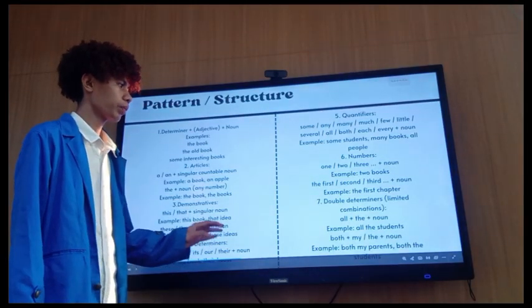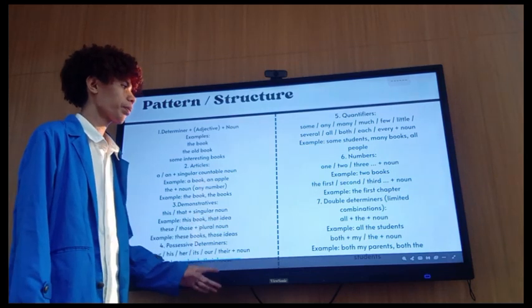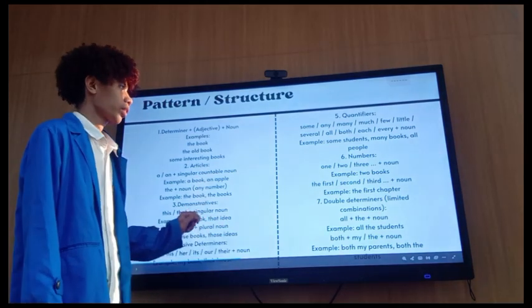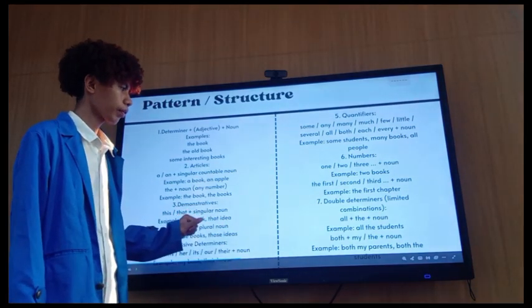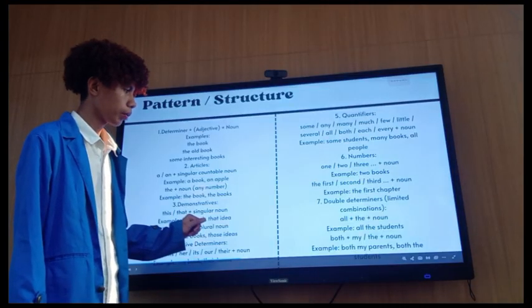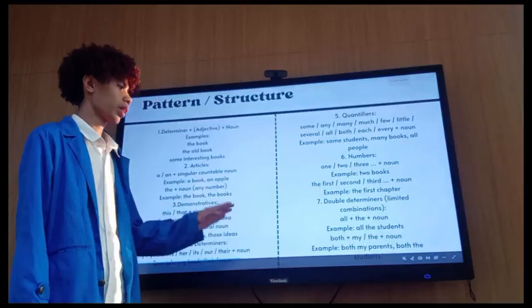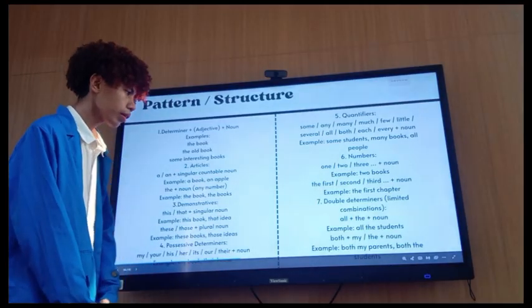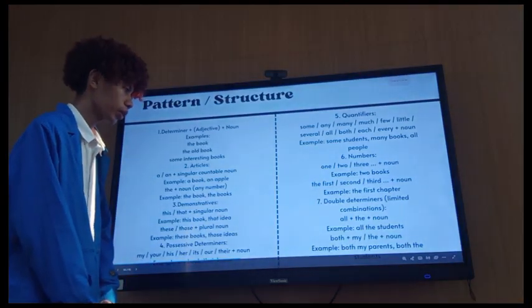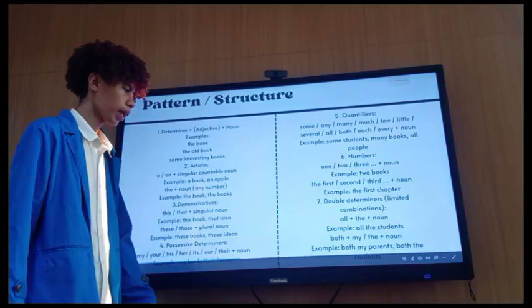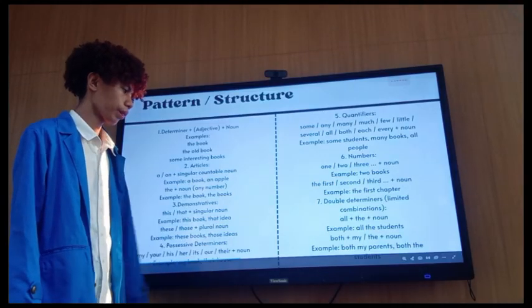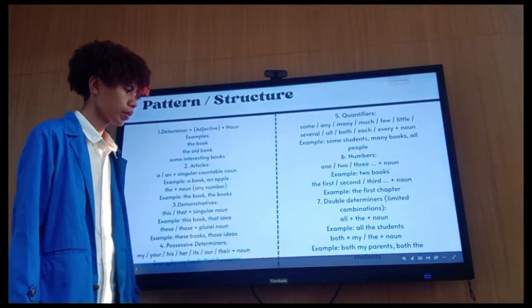The first, second, third plus noun. Example: the first chapter. 7. Double determiner, limited combination: all plus the plus noun. Example: all the students; both plus my, mine, or the plus noun. Example: both my parents, both the students.